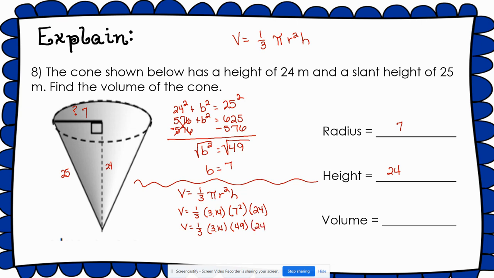And now all we have to do is multiply all of this straight across. When we multiply all of this, we get 1,230.88, and because it's meters, we know that we're going to write this as meters cubed. So our volume here is 1,230.88 cubic meters.